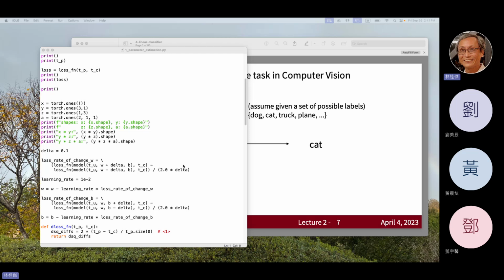If I change the value of the W in a certain way, it would create so much change, but I'm just going to make my W change a little bit, and see whether it's making some difference.